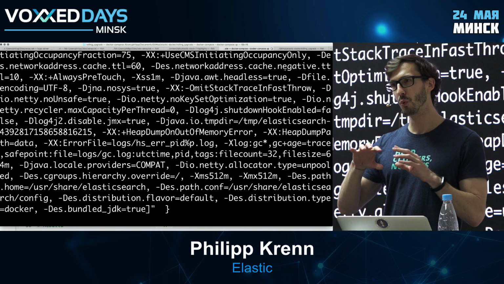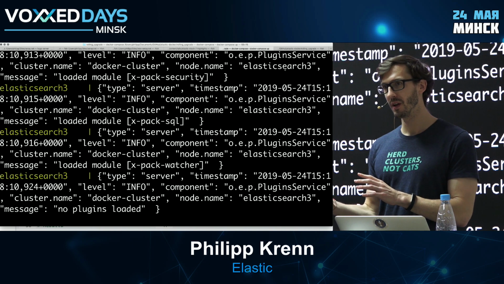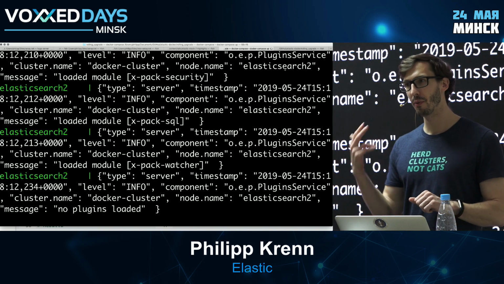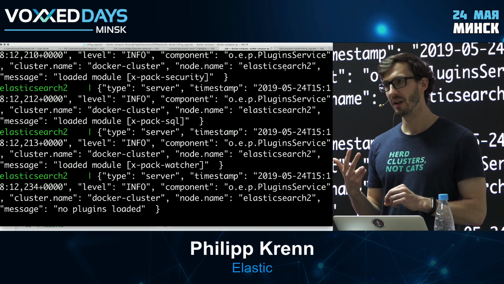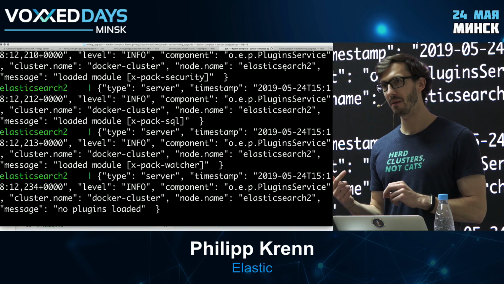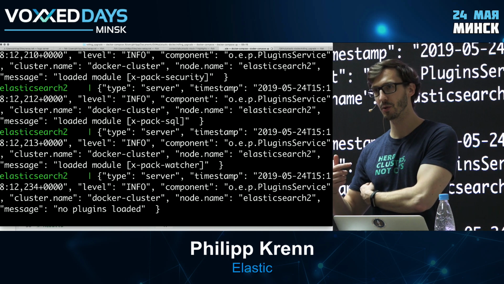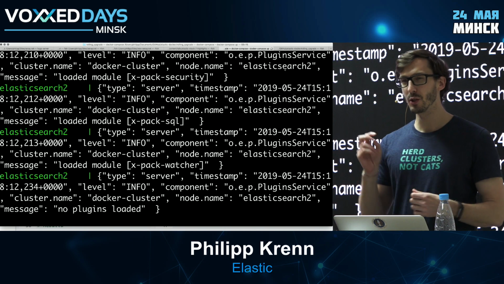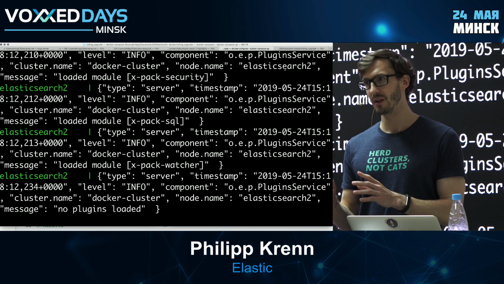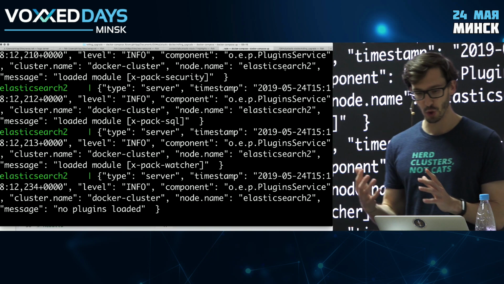And it knows, okay, this was the cluster that I have seen before. And so it knows that there are 3 master eligible nodes in the cluster. And it expects, when it comes back up, that there are still 3 master eligible nodes in the cluster. So it will know I need to have at least 2 to form a proper cluster, and then the cluster will just fix itself and should work.